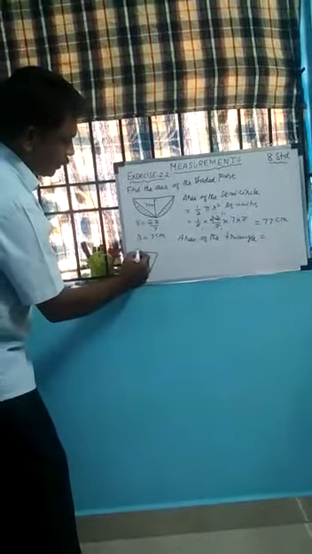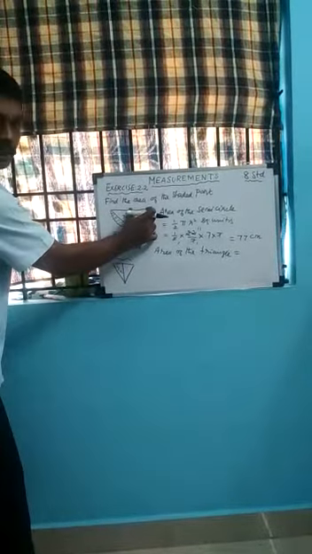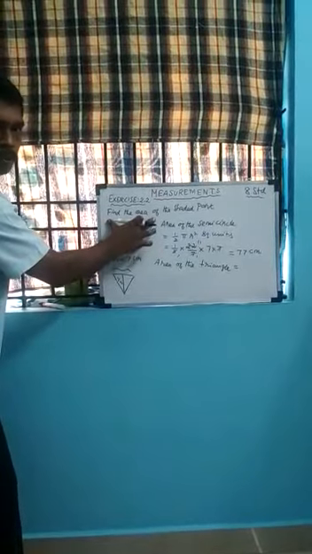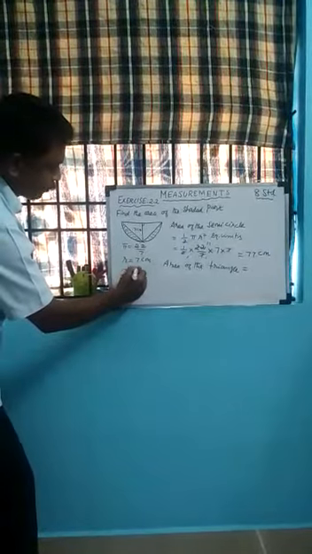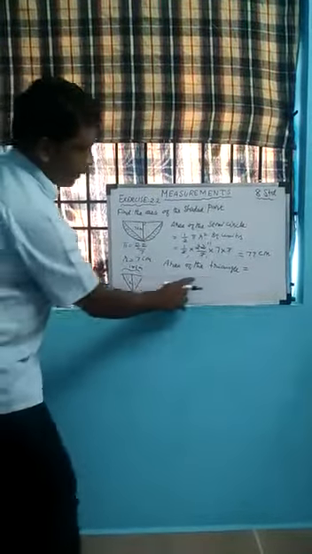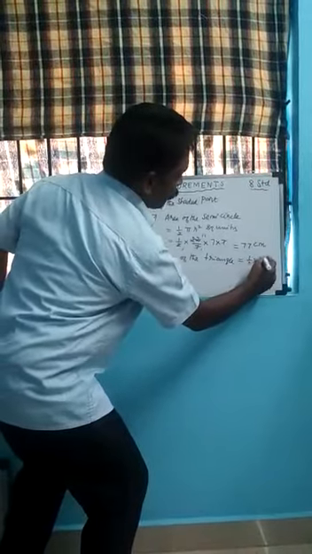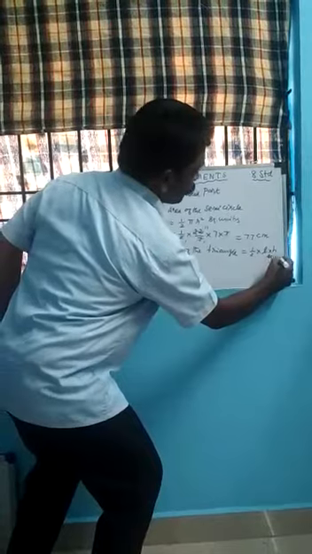This is a base value. Radius is 7. Therefore, diameter equal to 2 times radius, 7 plus 7, 14 centimeter. Therefore, area of the triangle formula, half into base into height square units.